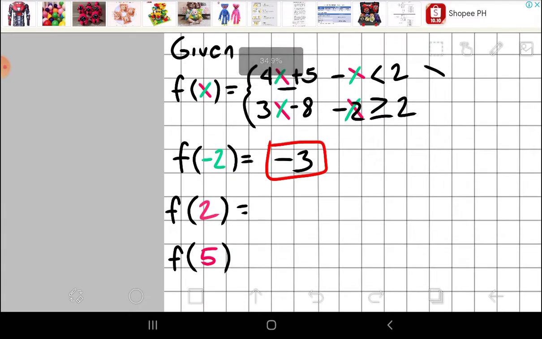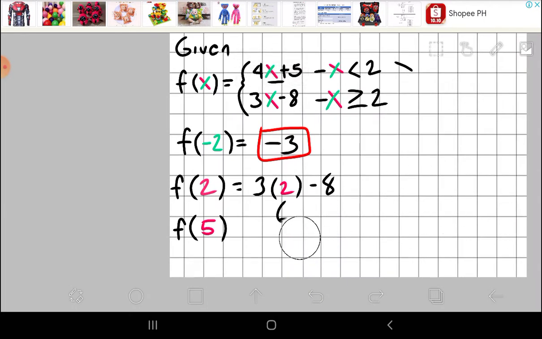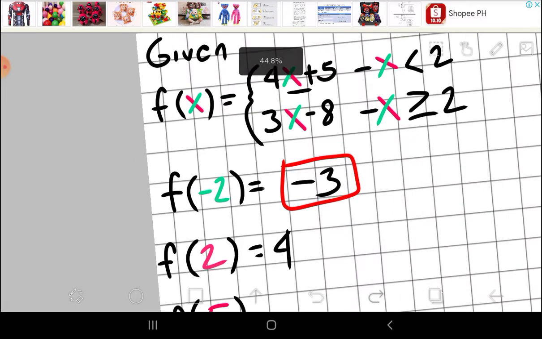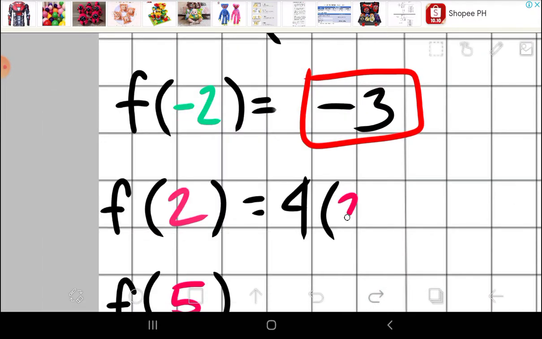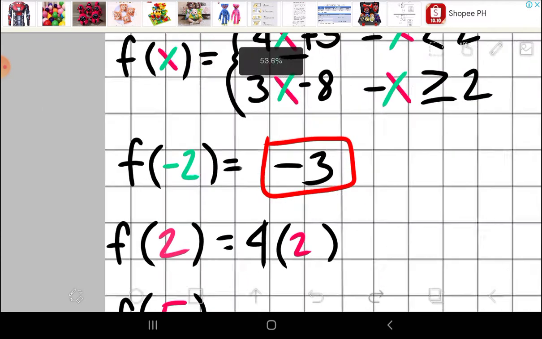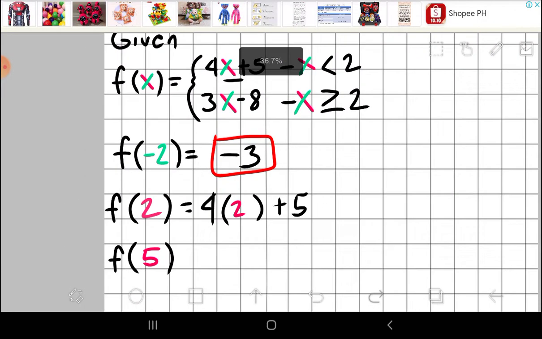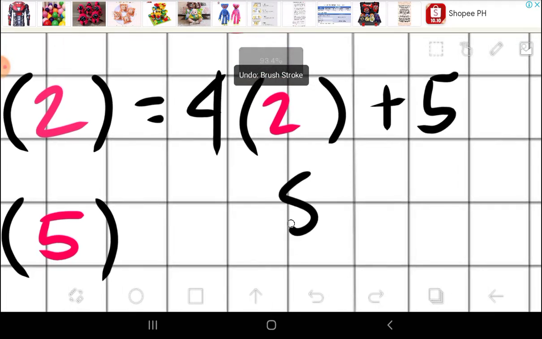So 4, let's swap x to 2. Positive 5. So 4 times 2 is 8.